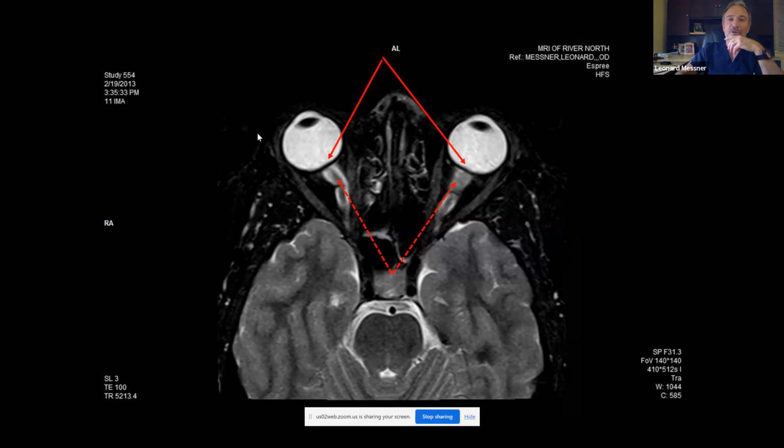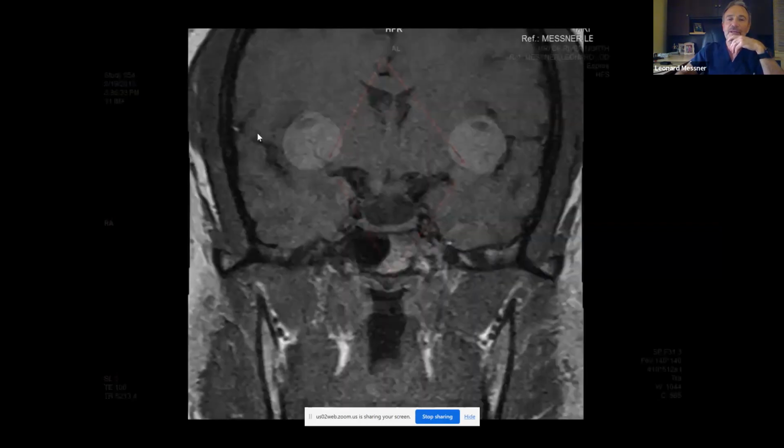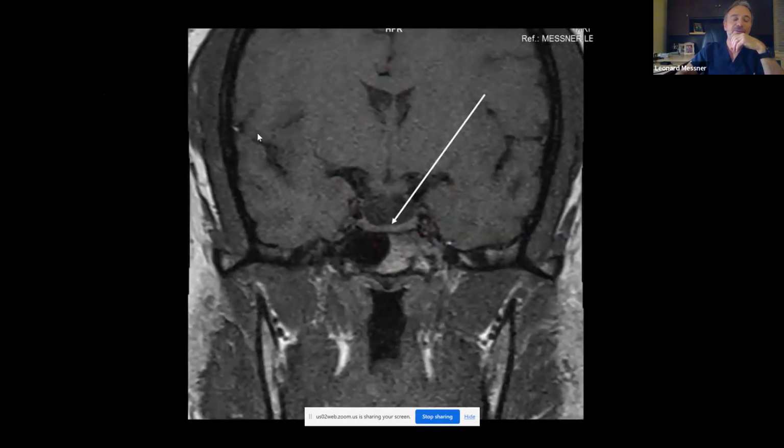Now, going along with that, what I'm showing you here is perhaps the most common neuroradiologic finding in the setting of elevated intracranial pressure. And that is, once again, this flattening of the pituitary gland against the floor of the sella. So what I'm pointing to here with my arrow is the pituitary gland that is really just flattened against the floor of the sella.